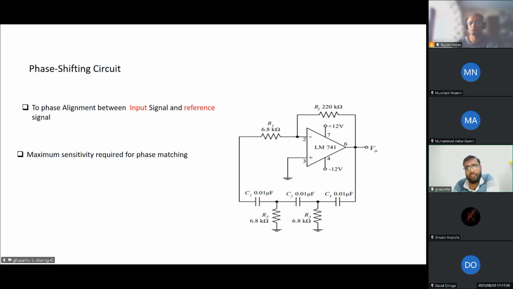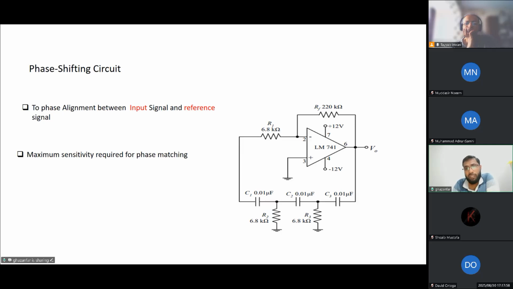Okay, this is the reference channel, which is the phase shifting circuit. The first question that arises is why we need this phase shifting circuit. Actually, when we amplify our input signal, there is some kind of wave shift to our input signal.